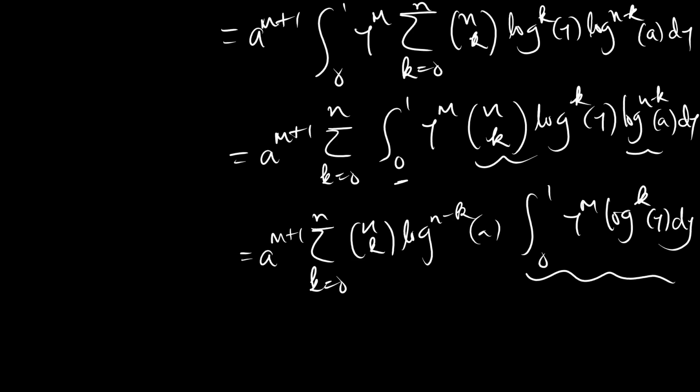So we already know this from our previous excursion. So this is negative 1 to the power k times k factorial over m plus 1 to the power k plus 1.